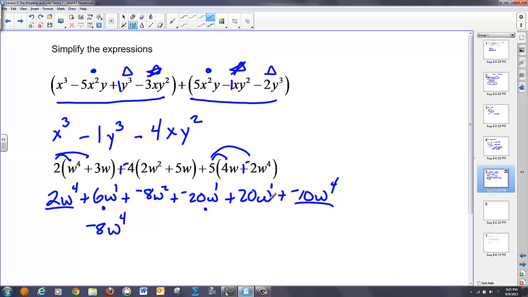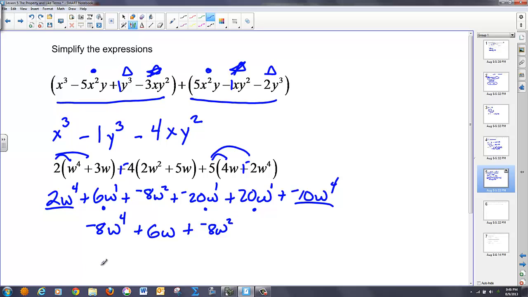And here's another w to the first. So there are 3 like terms there. I'll add 20, negative 20, and 6, which gets me 6w. And finally, I have a w squared term, which doesn't match with anything, so I have a negative 8w squared.